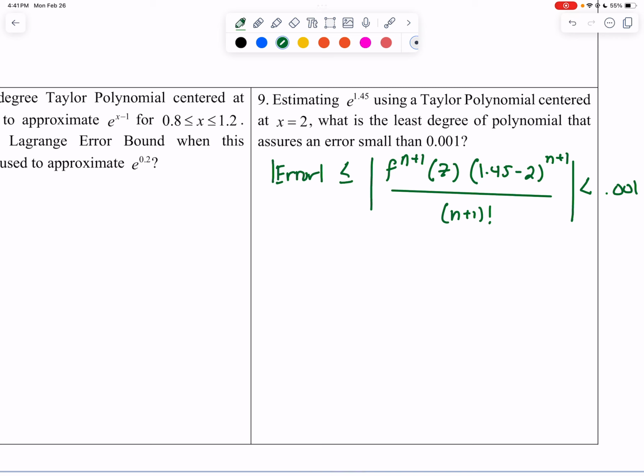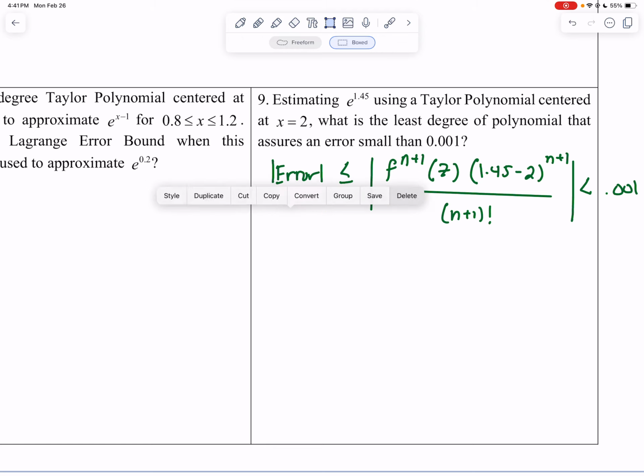Lucky for us, since we are technically using e to the x, and we are finding the derivative there, my derivative of e to the x is just going to be e to the x. And then if I were to think about 1.45 and 2, I know that 2 is definitely going to be larger than 1.45 in terms of e to the x.